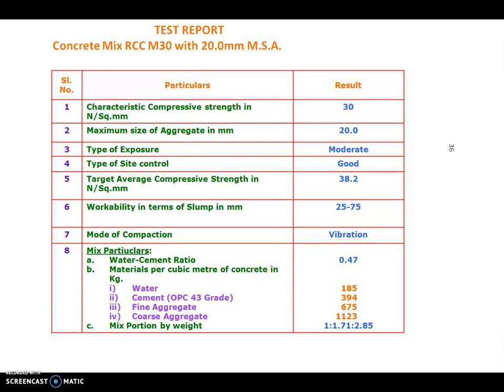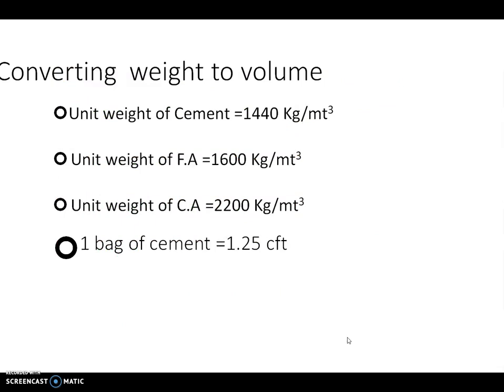Hence, from all the different steps, we can calculate these values. This value is the weight of cement, weight of fine aggregate, weight of coarse aggregate, weight of one bag cement.